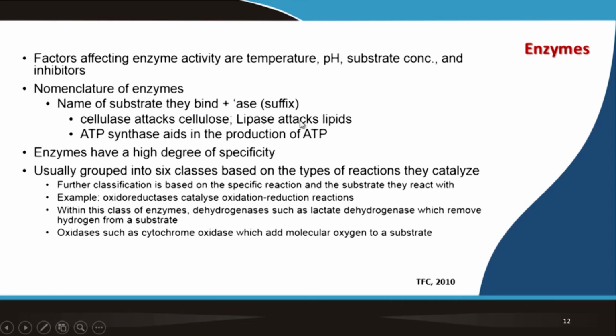Lipase is something that attacks lipids. ATP synthase means that it helps in the generation or production of ATP. It's also important to know that enzymes have a very high degree of specificity. They are usually grouped into 6 classes based on the types of reactions they catalyze.